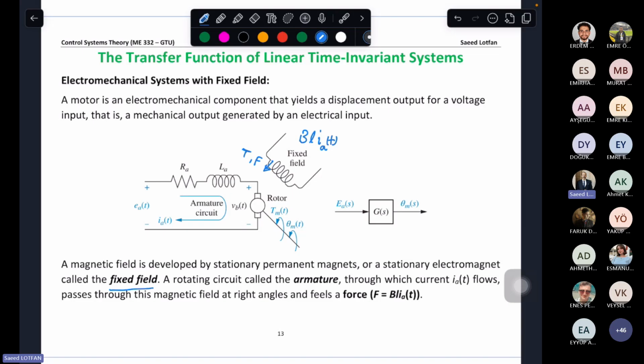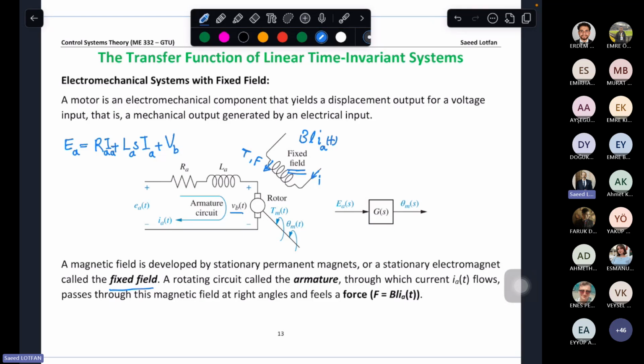The field here is fixed, so the I here is fixed, and we have the armature part, where we can write the equation EA is equal to some resistance of the circuit, plus some inductance of the circuit, times IA, plus VB, which is the voltage called back EMF.